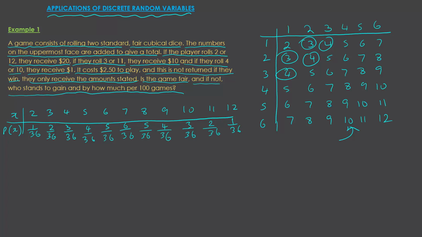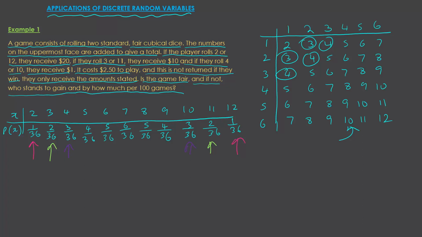So what we're saying is that if they get a 2 or a 12, then they get $20. If they get a 3 or an 11, they get $10. And if they get 4 or a 10, then they get $1.